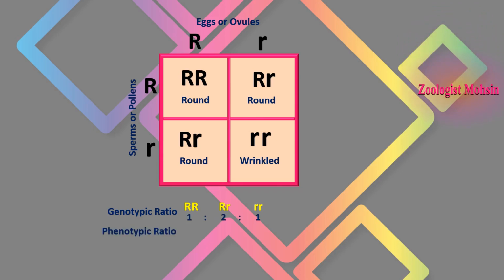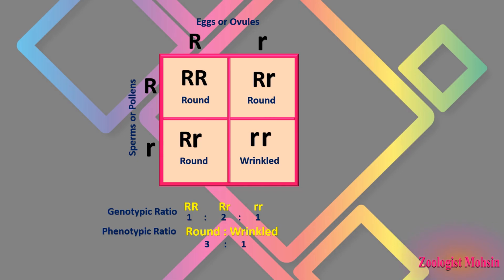With respect to phenotype, which is the expression, apparently we have 3 round and 1 wrinkled. So we can say that there is a 3:1 ratio. In percentages, we have 75% round possibility and 25% wrinkled possibility in the next generation.